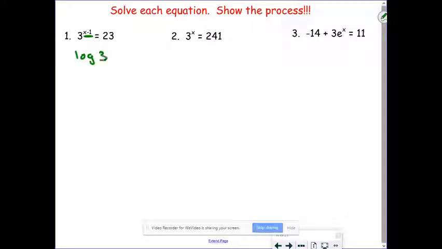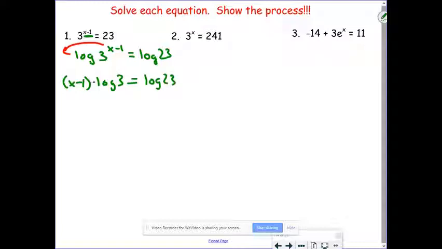So in number 1, how am I going to get the x out of there? I'm going to take the log of both sides. Now, x minus 1, I can bring that out in front. Now I write it as x minus 1 times log of 3 equals log of 23. Log of 3 is just a number, so I divide by the log of 3.